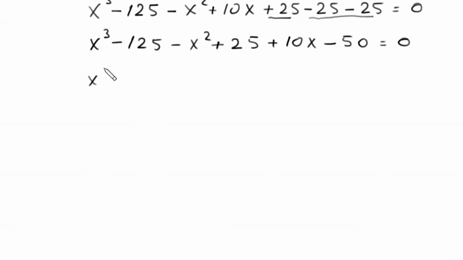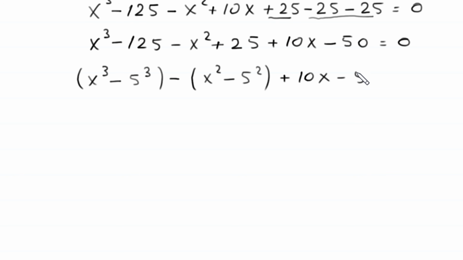Next, x cubed minus 125 is same as 5 cubed, and I use parentheses to make this a group, minus, due to this negative sign, this negative x squared will become positive x squared, and this positive 25 can be written as negative 5 squared, and from these two terms plus this 10 times x minus 50 equal to 0.